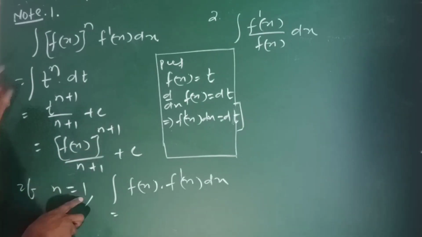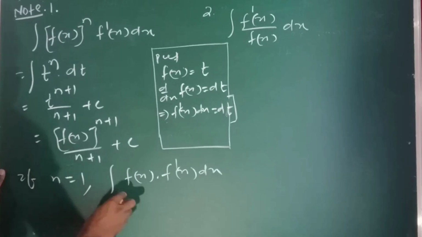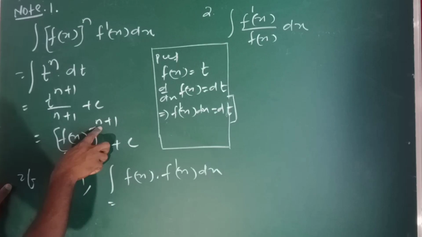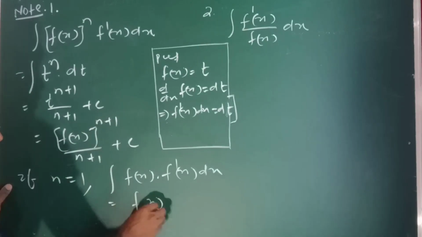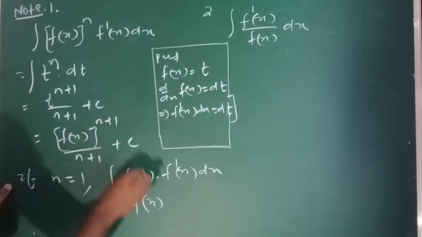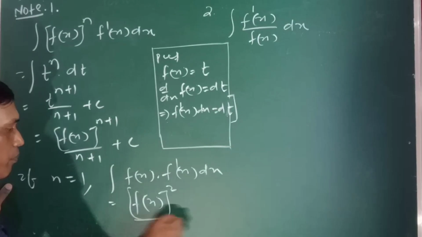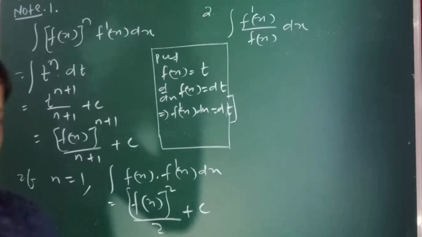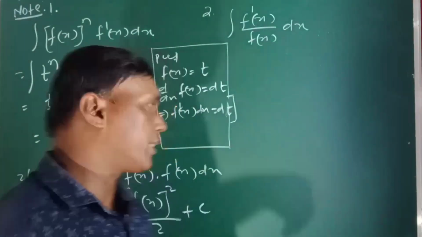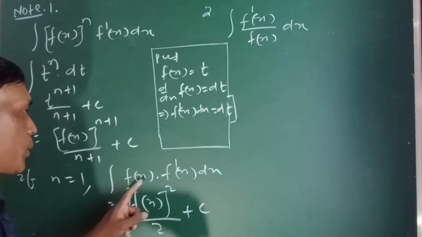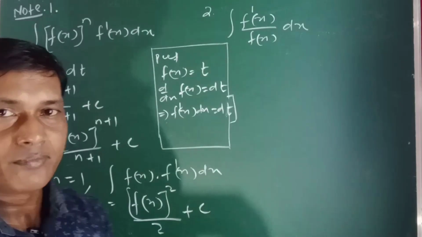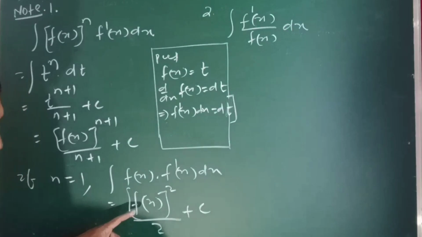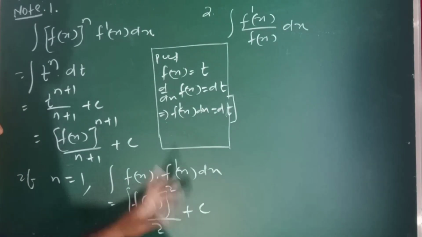If we take n is equal to 1, then the integration will be f of x to the power 1 plus 1 is 2, by 1 plus 1 is 2, plus c. So dear students, a very important form is this: integration of a function with its derivative. Integration of a function into its derivative is the square of the function by 2 plus c.